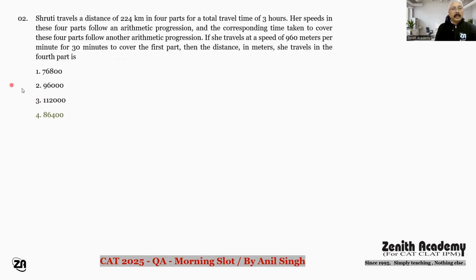So this question is like here a 224 kilometer distance, which is covered in four parts. This distance AB is 224 kilometer, and this distance is covered by Shruti in four parts. Okay, remember these four parts are not given equal to each other. And to cover this 224 kilometer in four parts, she takes a total time of 3 hours.